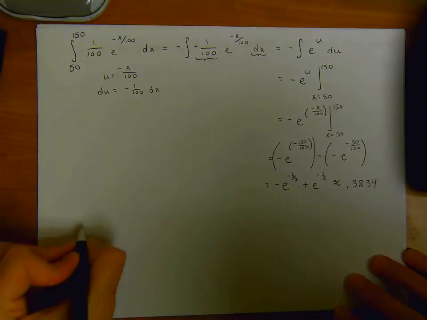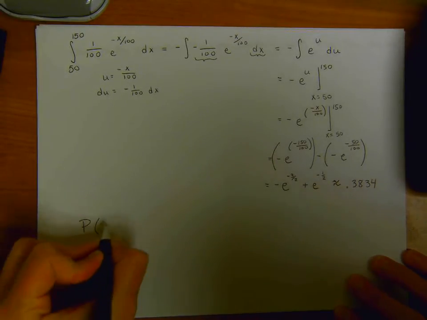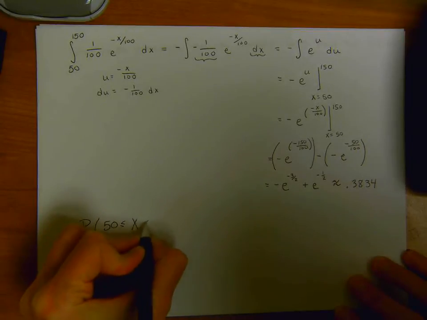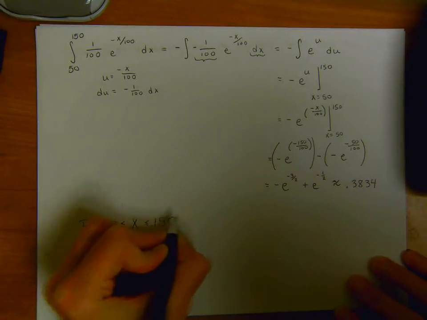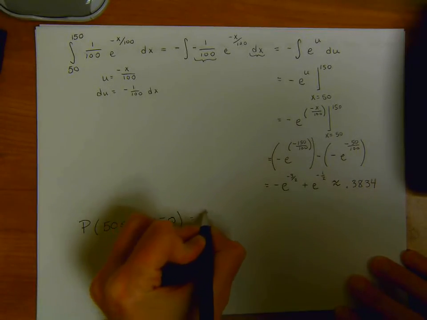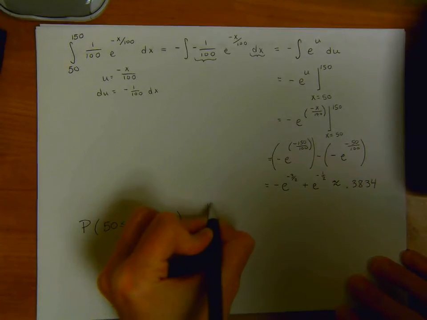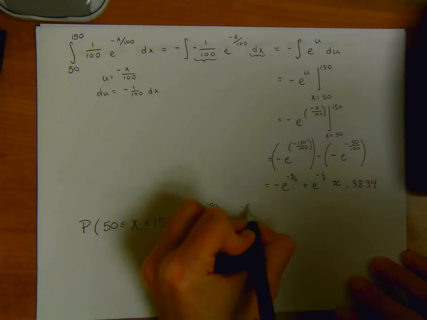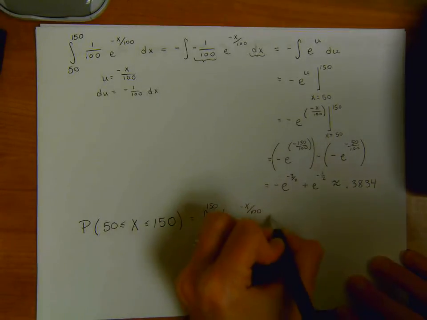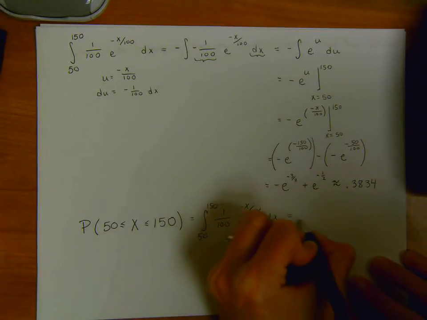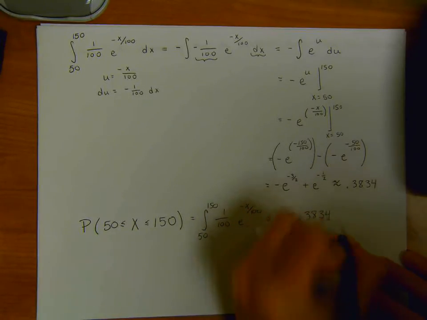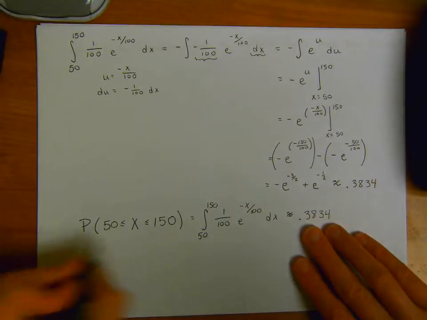So let's interpret this back in the context of the situation. Recall that we were looking at a probability that our light bulb burnout time was between 50 and 150. And we used our probability density function to find out that it was the integral of this sort of exponential function, which we got about equal to 0.3834. How do I interpret this?